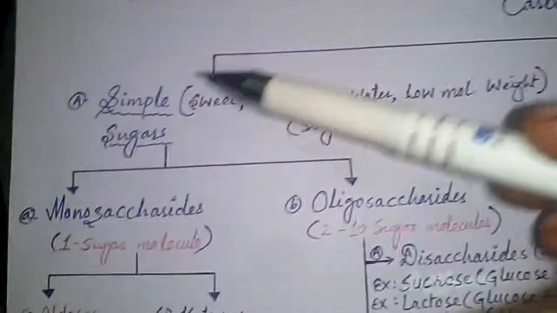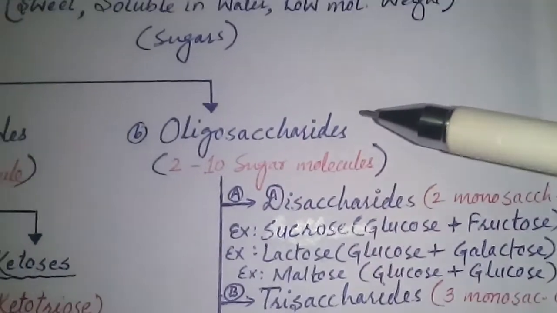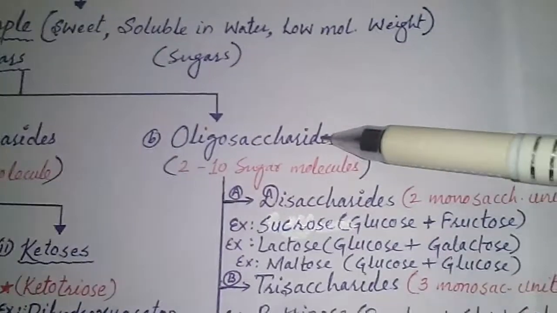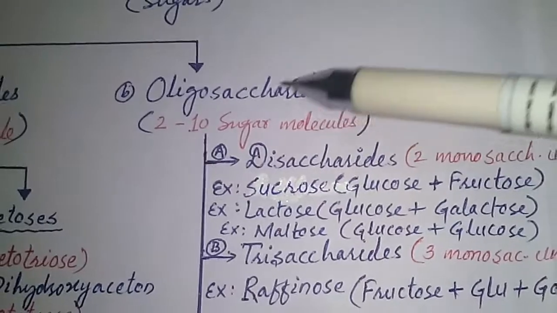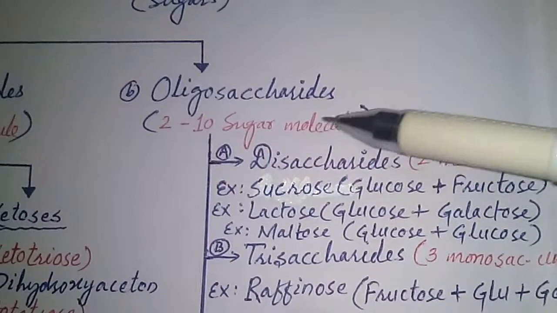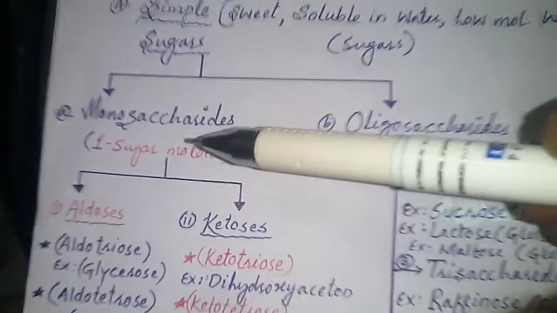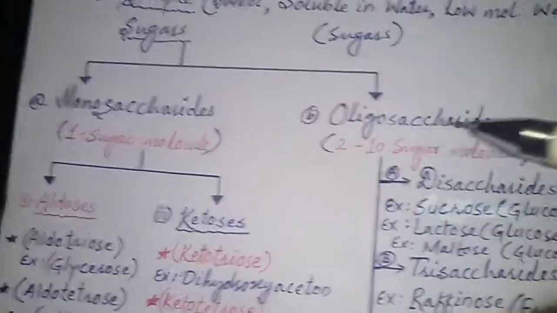Let's see the detail of another type of simple sugar, that is oligosaccharides. Oligosaccharides are the type of simple sugar which contain 2 to 10 sugar molecules. The type of simple sugar which contains only one sugar molecule is called monosaccharides.